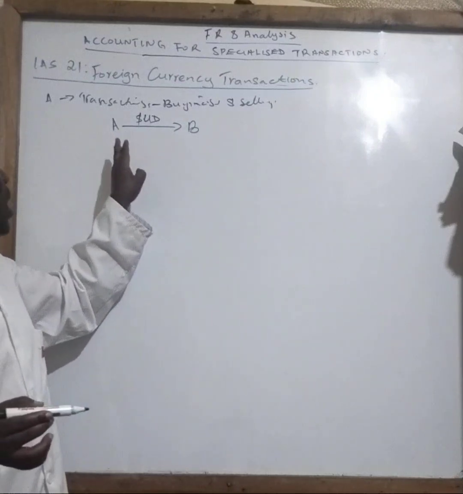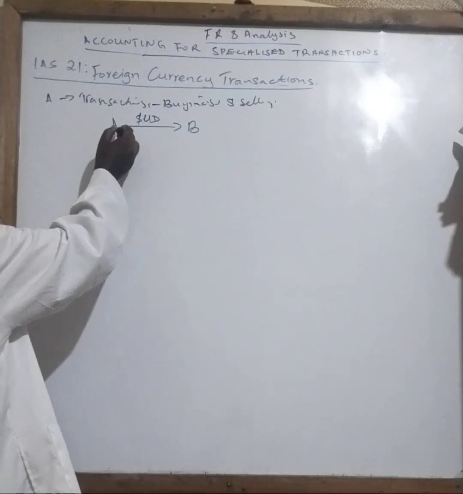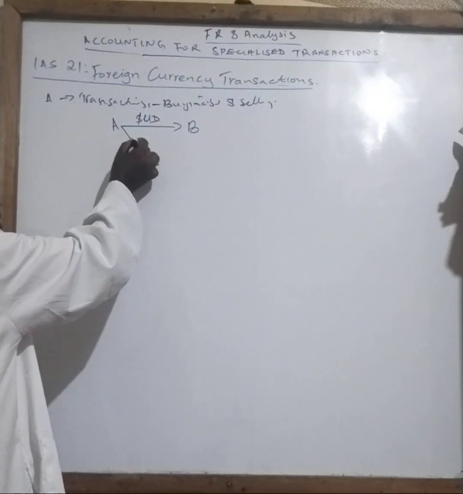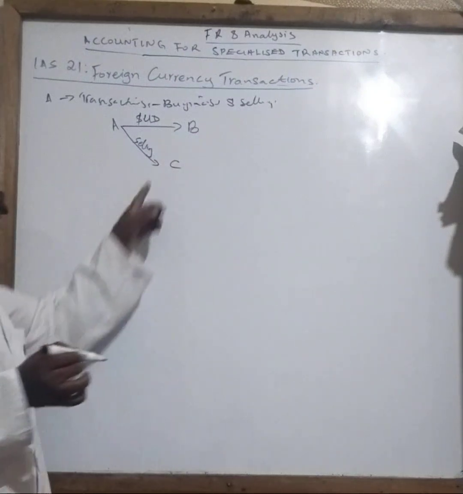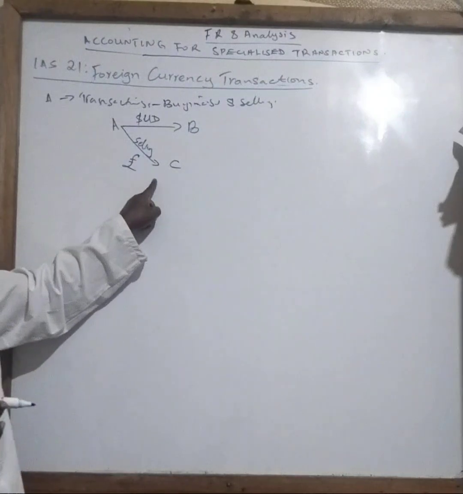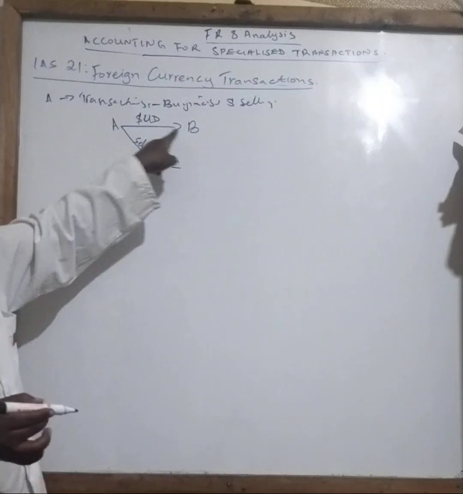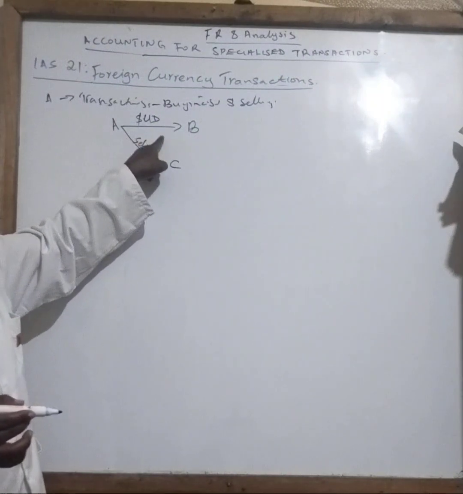Once goods have been bought using US dollars, company A will now decide to sell to company C using sterling pounds. So the Kenyan company is buying goods from company B, paying in US dollars.